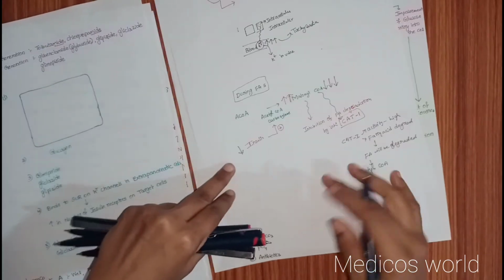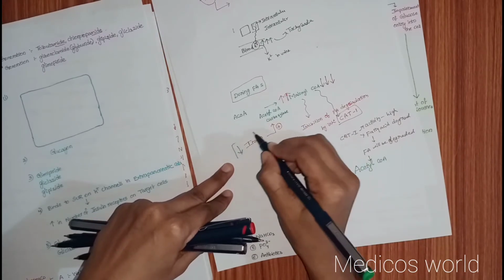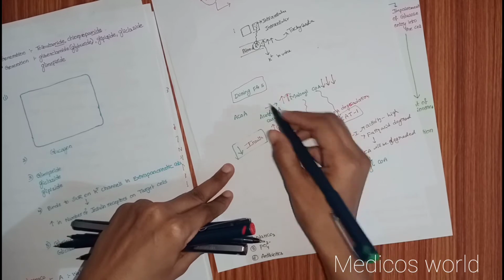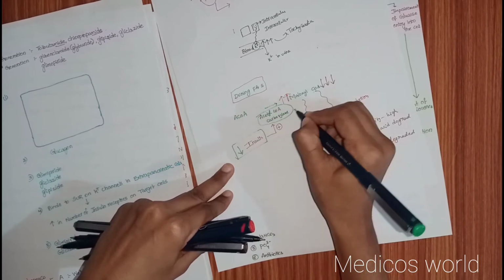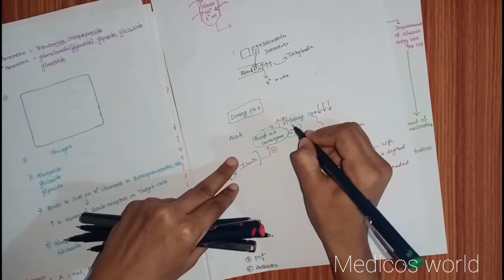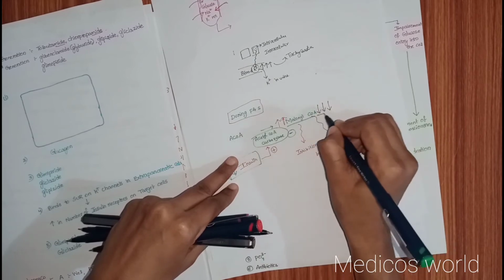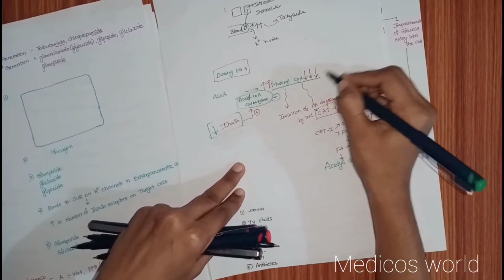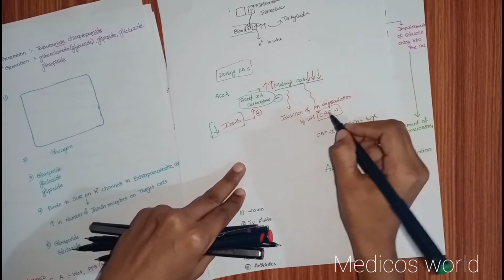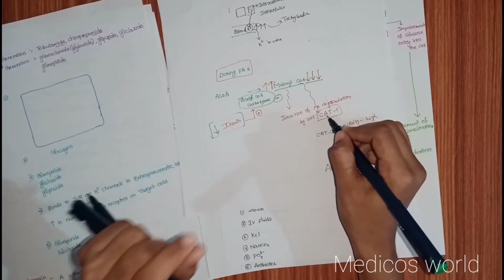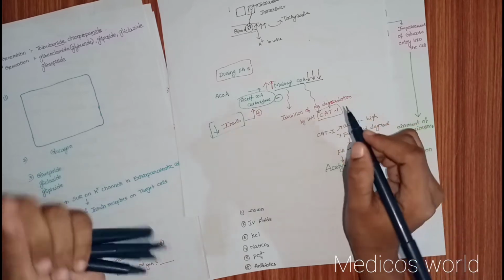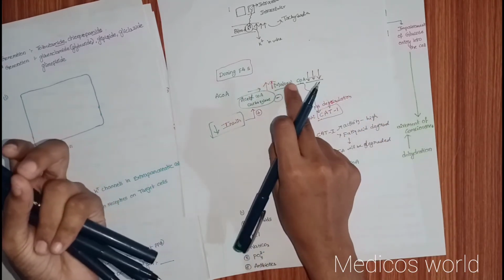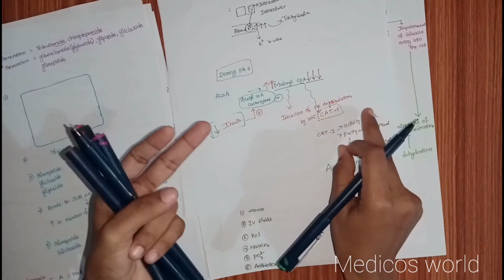I will repeat. When insulin is deficient, it will deactivate this enzyme, so that the malonyl-CoA levels are low. Malonyl-CoA will not inhibit carnitine acyltransferase 1 because normally malonyl-CoA is an inhibitor of CAT1.